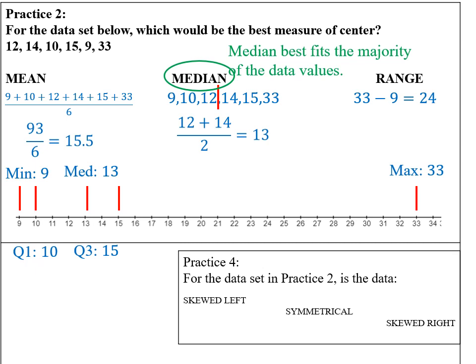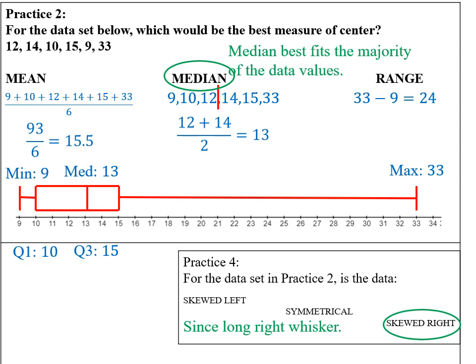And so that's quarter 3. So that's our 5-number summary for our box and whisker plot. And connect the whiskers. And notice it's got a really long right whisker. That kind of means it's skewed right.